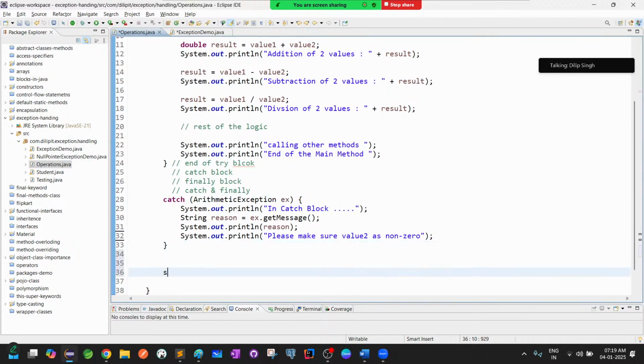For example, now I'm writing some logic here, outside of the try catch block, at the end of the main method, something like that.